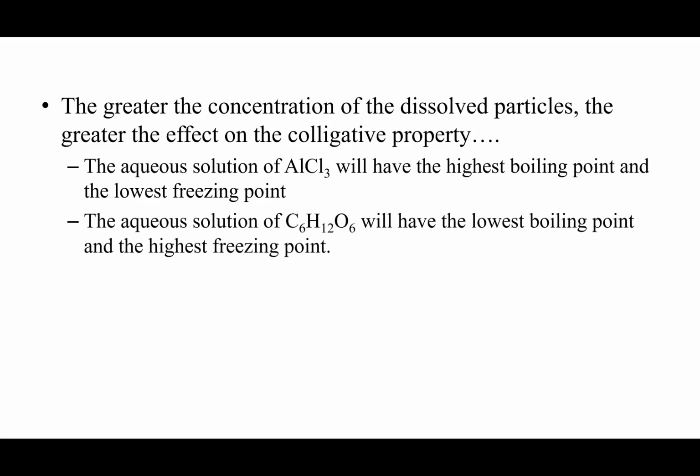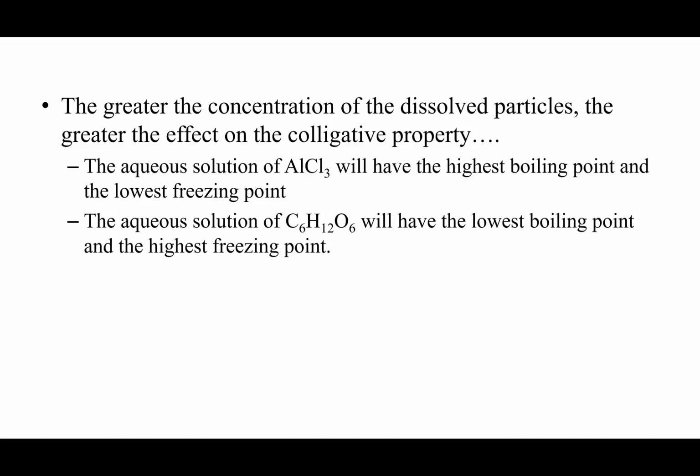The thing that doesn't ionize, the glucose, C6H12O6, will be least effective. And if it's least affected, it's going to be kind of like a normal boiling point, or maybe I guess it would be some boiling point elevation, wouldn't it? Yeah. But it will have the lowest elevated boiling point, and it'll have the highest depressed freezing point, if that makes sense.